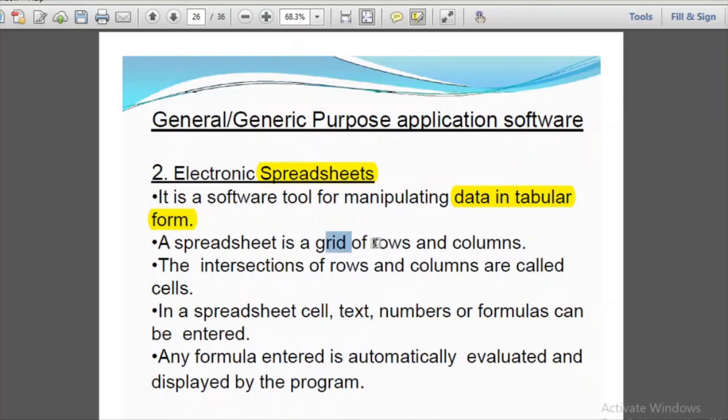It is in the form of grids of rows and columns. The intersection of rows and columns is called a cell, and in a spreadsheet cell, text, numbers or formulas can be entered. Any formula entered is automatically evaluated and displayed by the program. So you can also use it for some kind of calculations by using the predefined formulas.